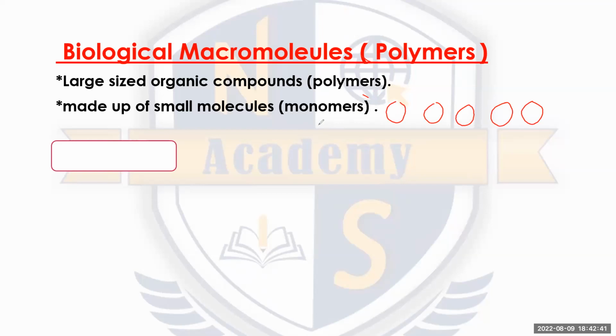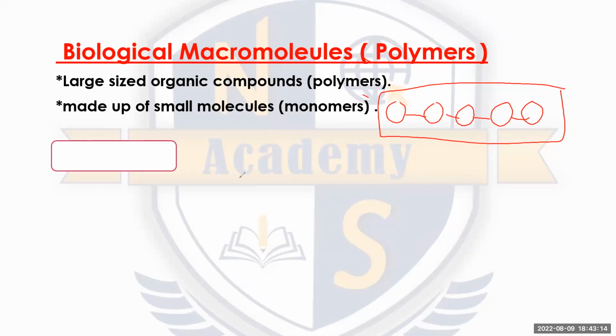But when they are joined together, the product of these molecules will be a polymer. The process of combination between monomers to form a polymer is the first important process in our syllabus, ya Mariuma. Remember, please.